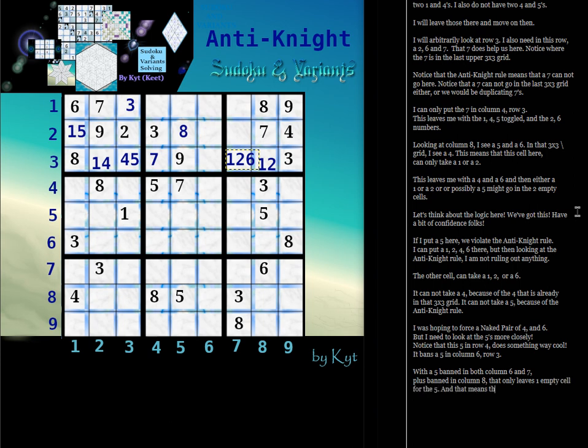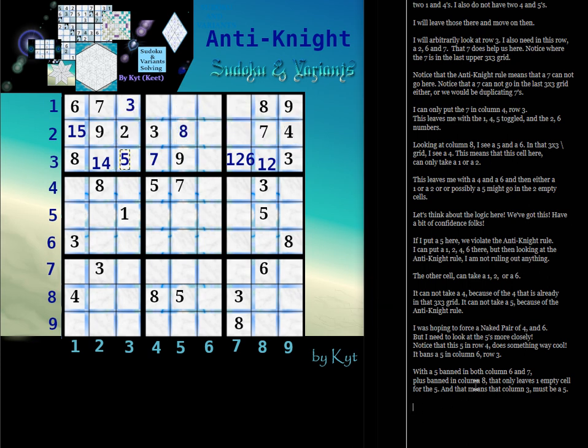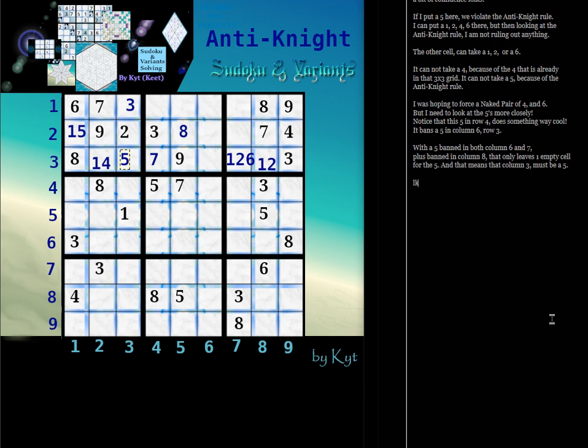And that means that column 3 must be a 5. This makes column 1 take the 1 and column 2 take a 4.